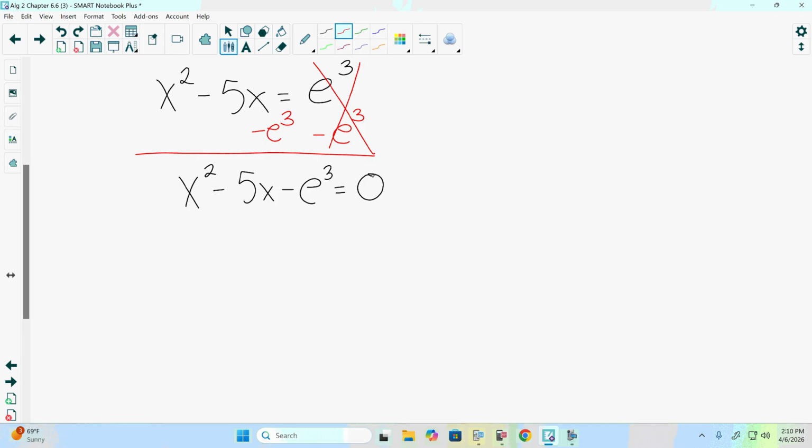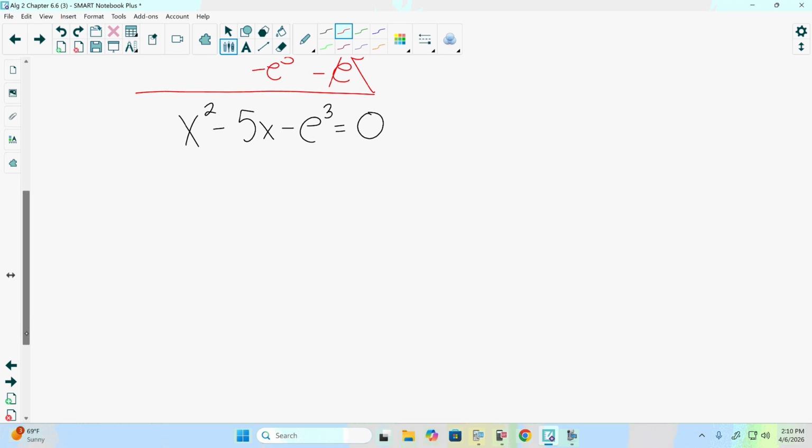Telling us that we have x squared minus 5x minus e to the third is equal to 0. This is where the big difference comes in, because I cannot factor this. As much as I want to, I cannot factor it. So what we're going to have to do is use the quadratic formula.